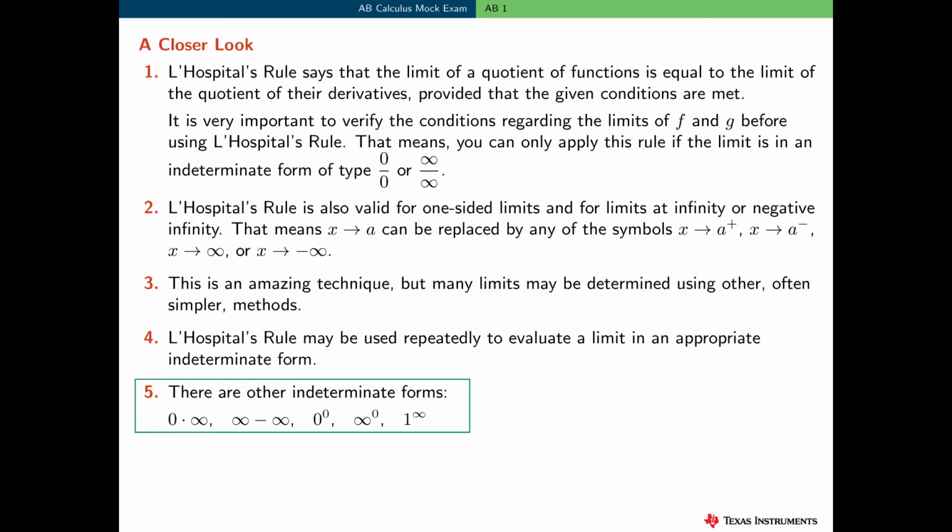But I think most college calculus courses cover these forms. The basic approach to solve a limit involving one of these other forms is to rewrite the expression so that it is in an indeterminate form of type 0 over 0 or infinity over infinity, and then we can apply L'Hopital's Rule.